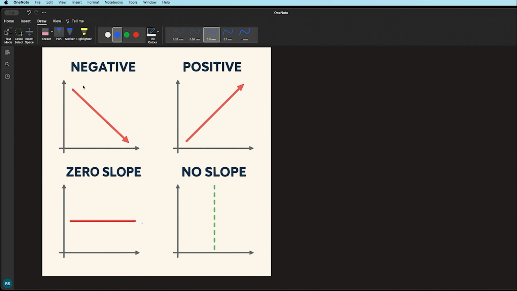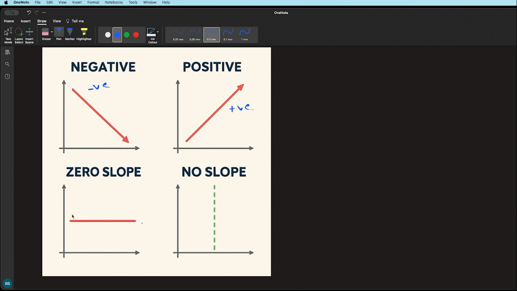From this picture, if the line is coming in the downward direction, it is called a negative slope, so the value of the slope will always be negative. If the line is going in the upward direction, then the value of the slope will be positive.